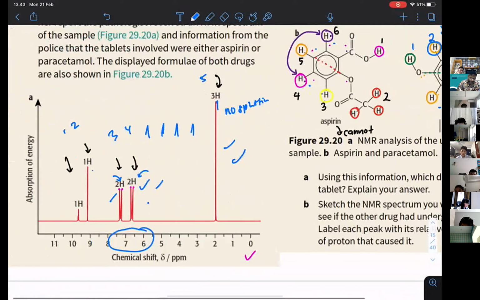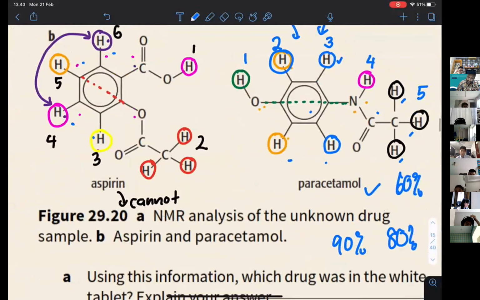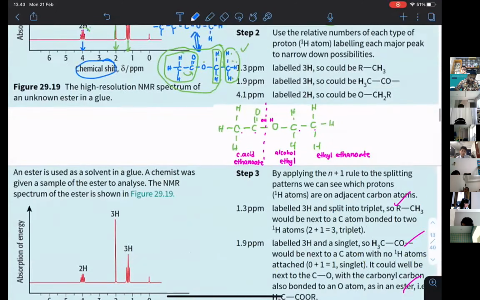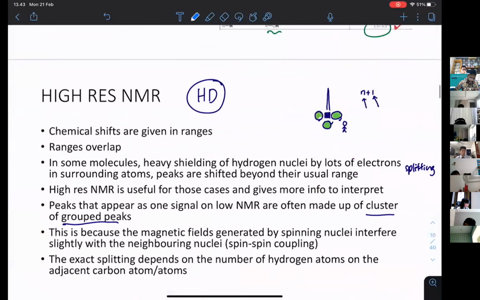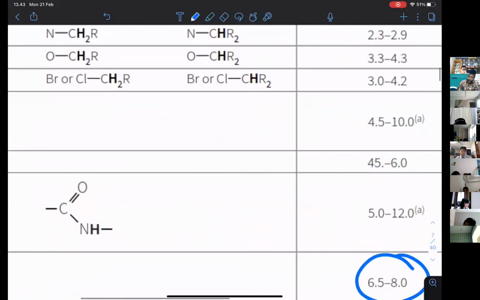Let's analyze this hydrogen. One hydrogen, one hydrogen. Maybe we are talking about this hydrogen and this hydrogen. Let's see which one belongs to which. The one that belongs to OH, look at the data, the phenol, belongs to OH, 4.5 to 10.